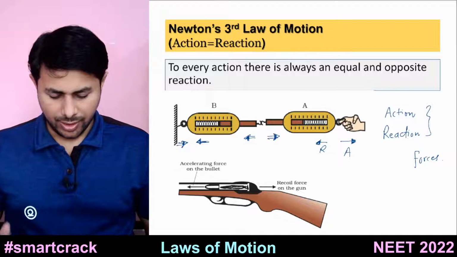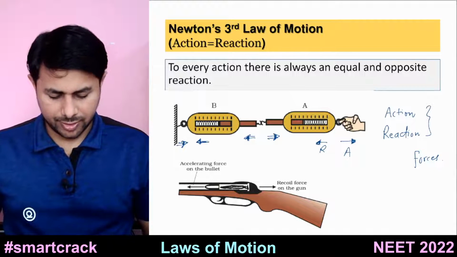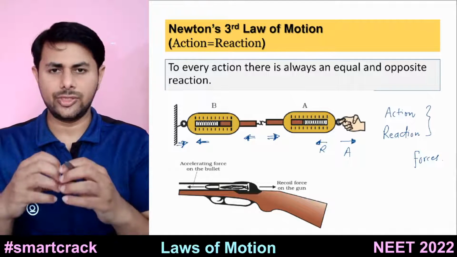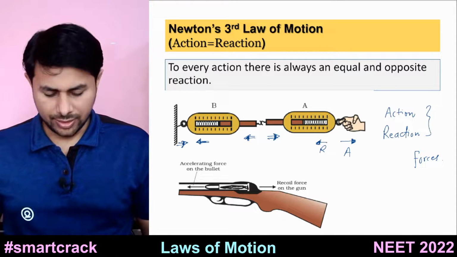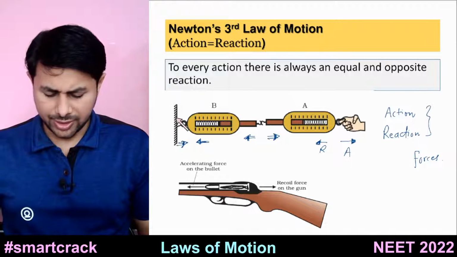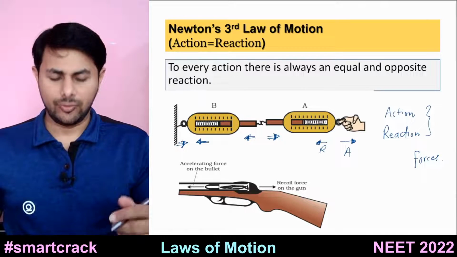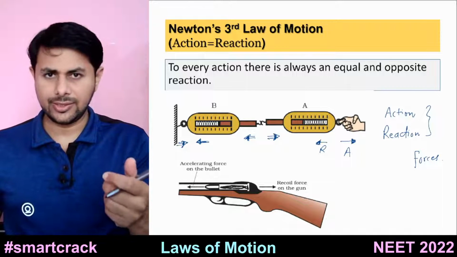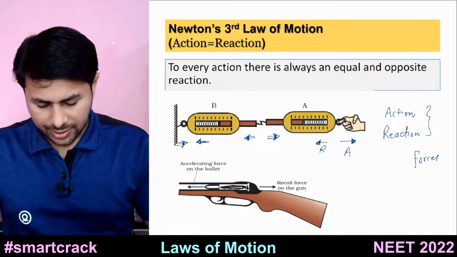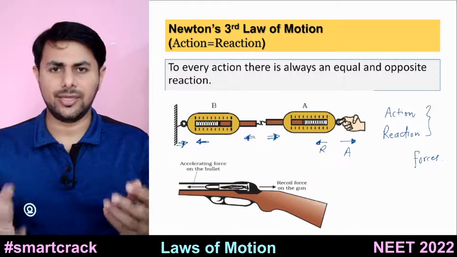All right. So let's suppose, for an example, we have these two spring balances. If they are connected to each other and one balance is connected to this rigid support, and we take another balance in our hand and pull it, we'll see that the readings on these two balances are equal.